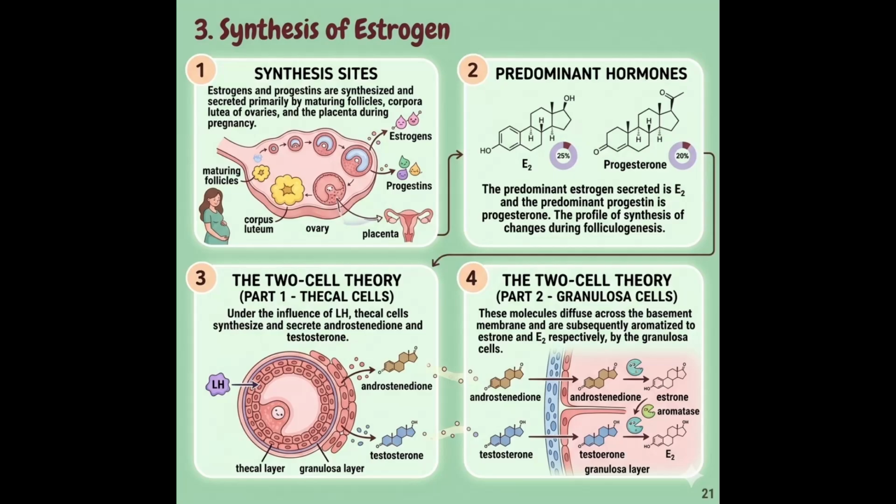The profile of the synthesis of estrogen changes during the course of folliculogenesis, during which, under the influence of LH, the thecal cells synthesize and secrete androstenedione and testosterone, which diffuse across the basement membrane and are subsequently aromatized to estrone and E2, respectively, by the granulosa cells.